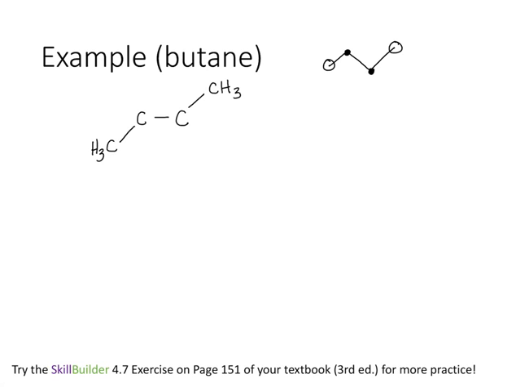And then remember that the 2 middle carbons have 2 hydrogens attached, so they're CH2 groups. So let's draw those, but remember both carbons have a total of 4 bonds, so they are tetrahedral. So we should draw the wedges and the dashes.